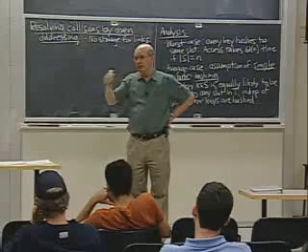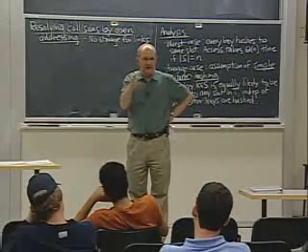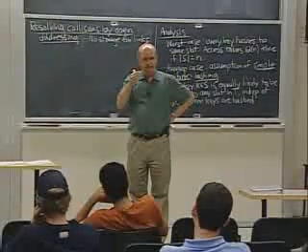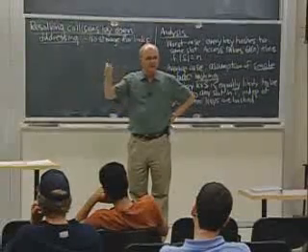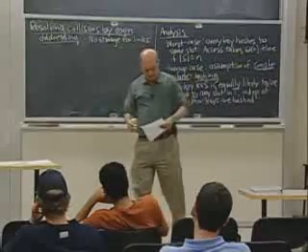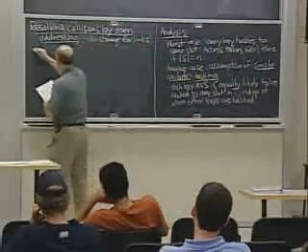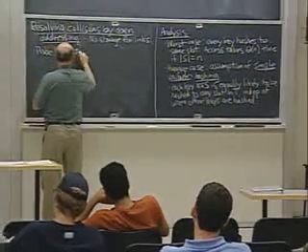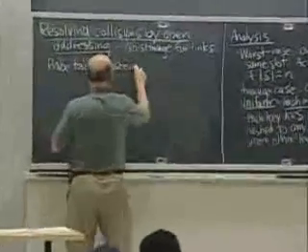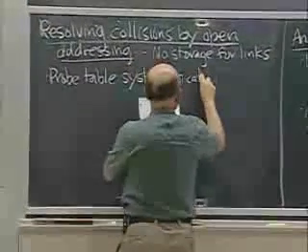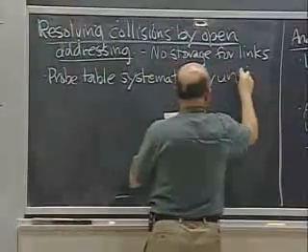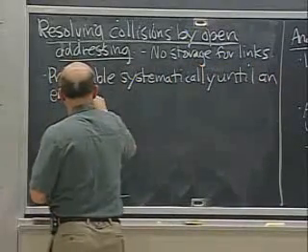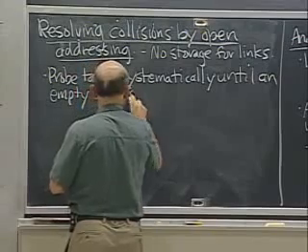If I've got a good probe sequence, hopefully I'll find a place fairly quickly. Then to search, I just follow the same probe sequence. So the idea here is we probe the table systematically till an empty slot is found.